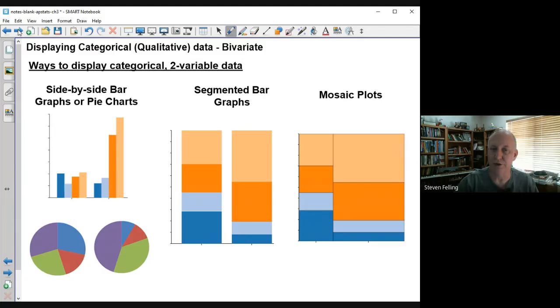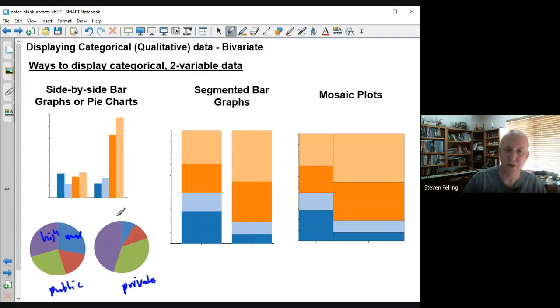Okay, well, one way to do that would be to use side-by-side bar charts or pie charts, right? So you could say, for example, maybe this one would be public, and this would be private colleges using that last data, and then these things would be, you know, high, medium, and low, something like that.